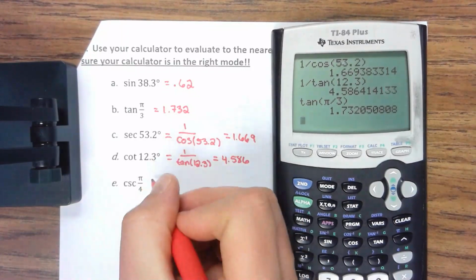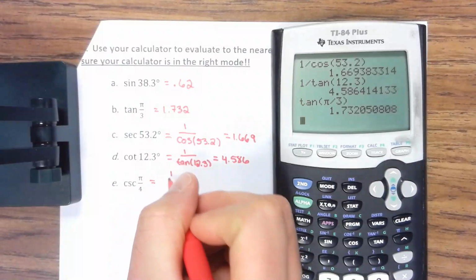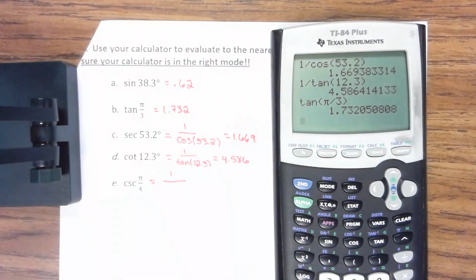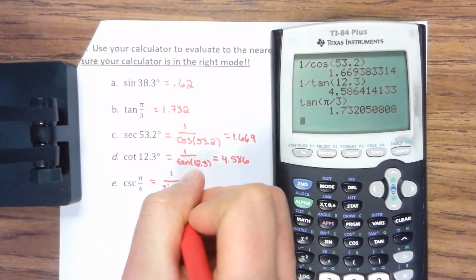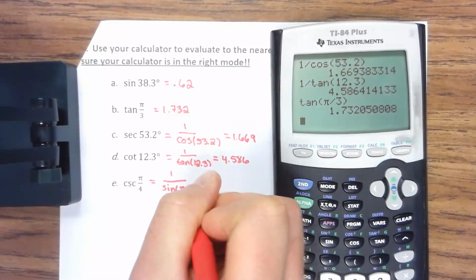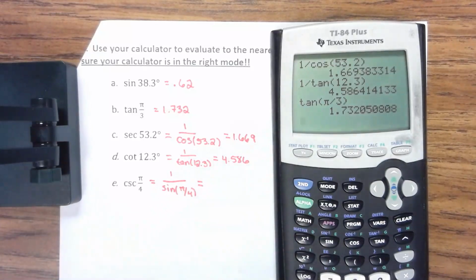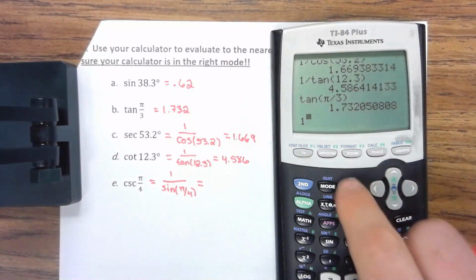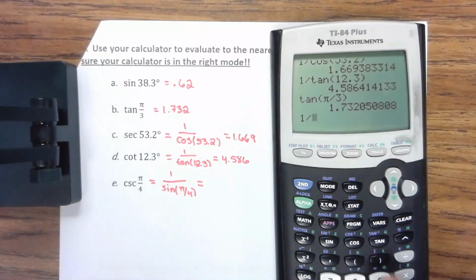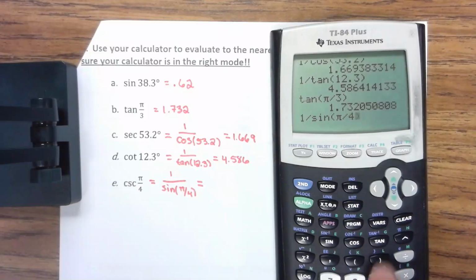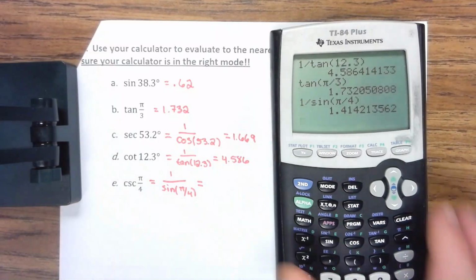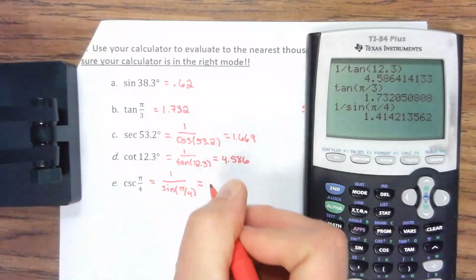Right, to do cosecant of pi over 4, once again, we need to do the reciprocal. Cosecant is the reciprocal of sine. So I'm going to do 1 divided by sine of pi over 4. So in the calculator, 1, oops, wrong button, divided by sine of pi divided by 4 is 1.414.